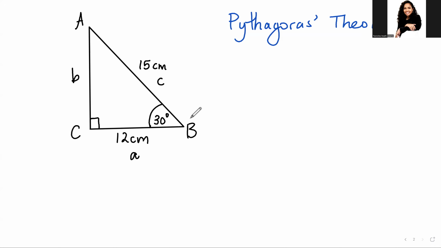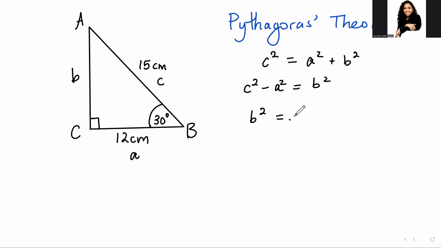Pythagoras' theorem tells us that the square of the hypotenuse is equal to the sum of the squares of the other two sides. So in this triangle, let's say I want to find out what side B is. I will rearrange Pythagoras' theorem to make B the subject. I'll subtract A squared from both sides, so B squared will be C squared minus A squared. Then I just substitute my values in.